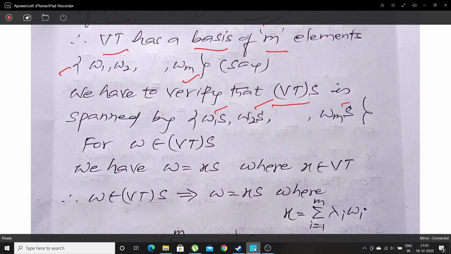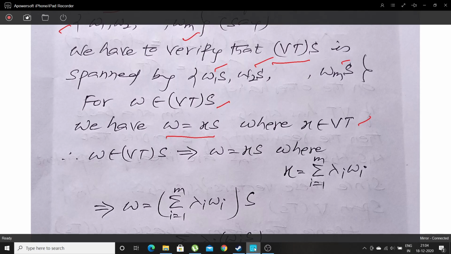For W belonging to VT of S, we have W equal to XS. As you know, I want to convert belongs to equal, that means I should have elements on both sides. So W belongs to VT of S means W equal to XS, where X is an element of the range space of T, that is VT.